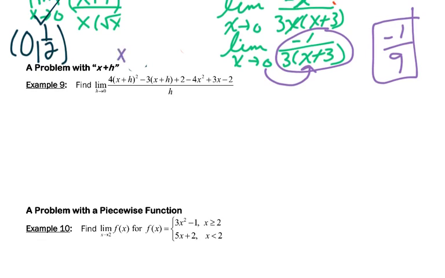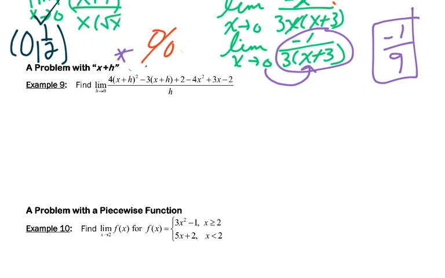I'm going to start this because this is one that a lot of kids struggle with. You'll understand the significance of this in our next chapter, because this is leading into one of our next topics, which is derivatives. But for now, if I plug in 0 for h, just trust me, I'm going to get 0 over 0 and have a big issue.